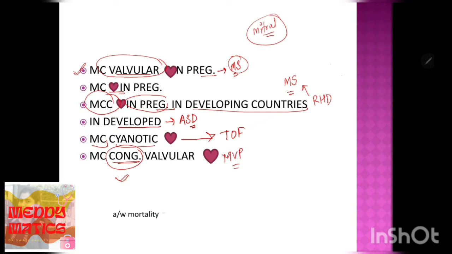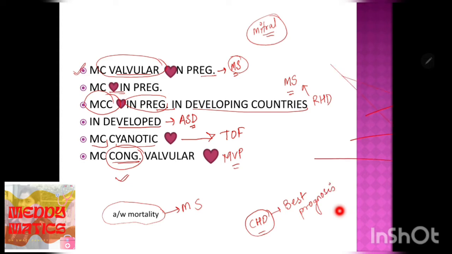The most common heart disease associated with mortality is mitral stenosis. The heart disease with the best prognosis is congenital heart disease.